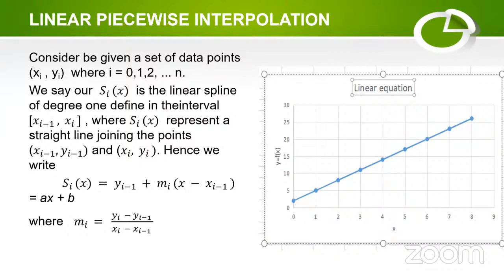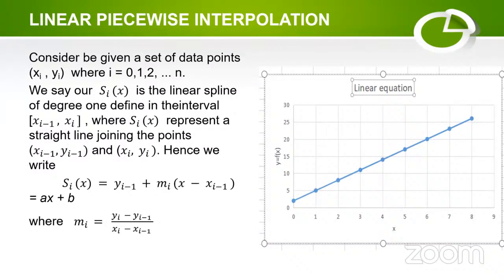Let me explain what linear piecewise interpolation means by means of a graph. Let's say we are given a collection of points. We have x, y to be 0, 1. At this point, we have x, y to be 1, 5. Also at this point, we can estimate x, y to be 2, 5.